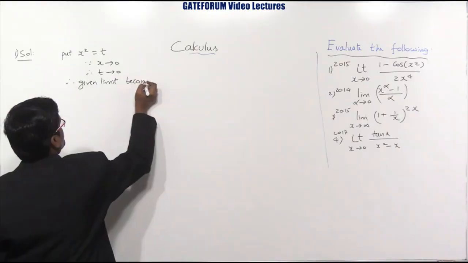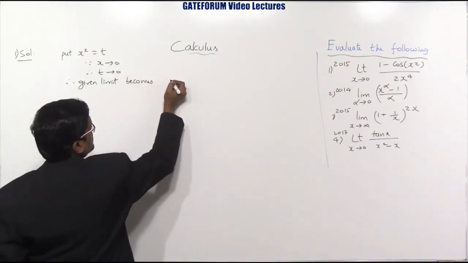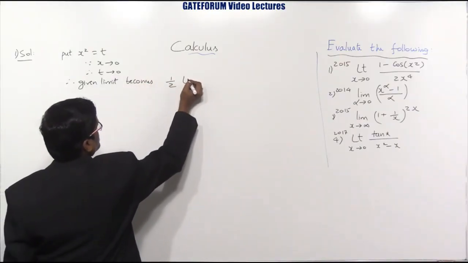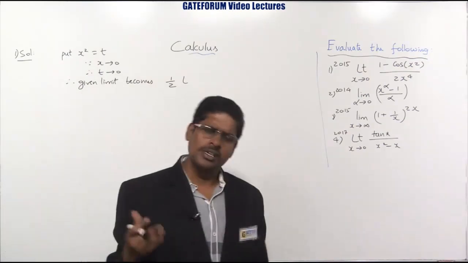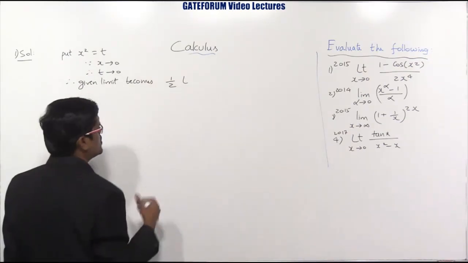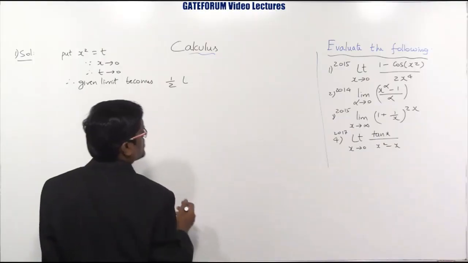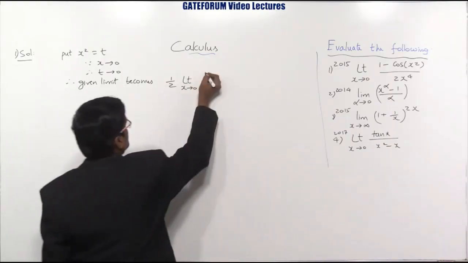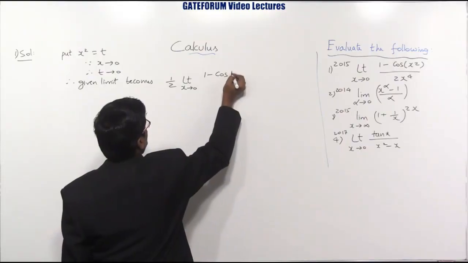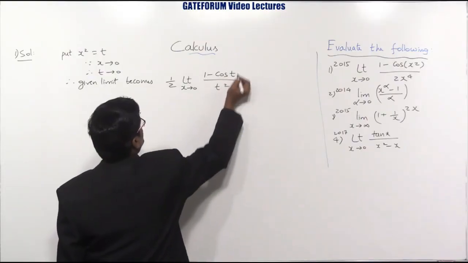becomes, I can take 1 by 2 outside. Just like when a constant is multiplying in derivative, integration, limits, just put it outside. It is easy to get the standard limits procedure, or easy to proceed with the next step also. Limit of 1 minus cos t divided by t squared.